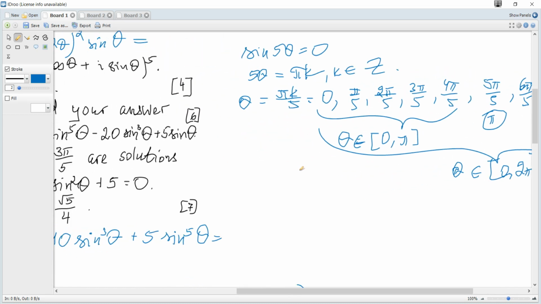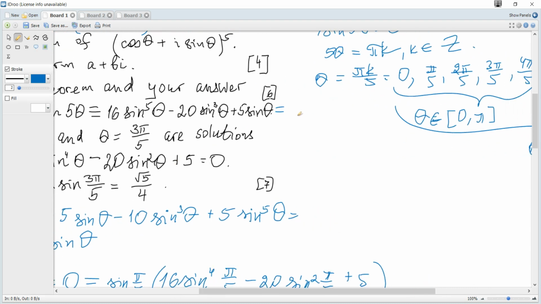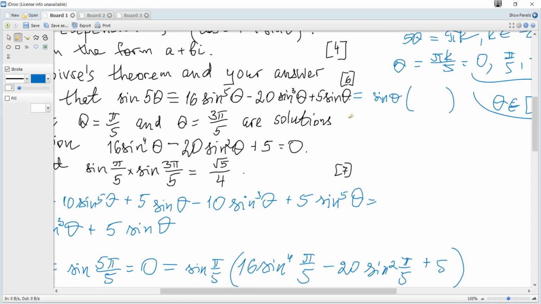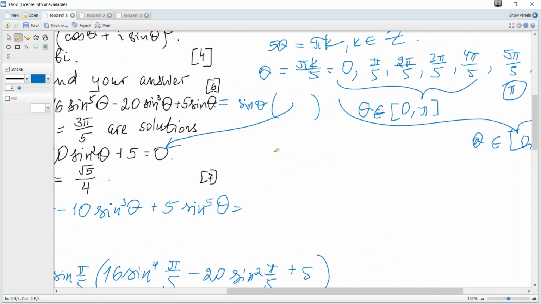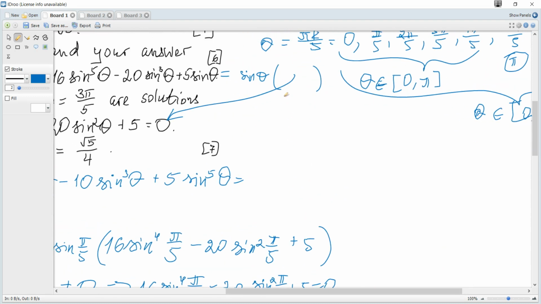And if we consider the right hand side, if we factor out sine theta, our equation is of the power of 4 in sine theta. So again, this gives us 4 possible values of sine.